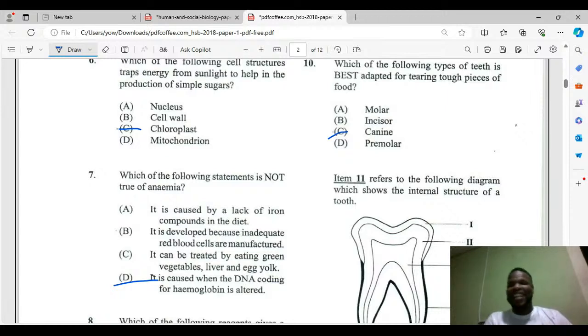So you're sure about canine with all of that? What's a canine's job? It's the canine teeth function. So you're saying that the canine tears. So it's between canine and incisor.